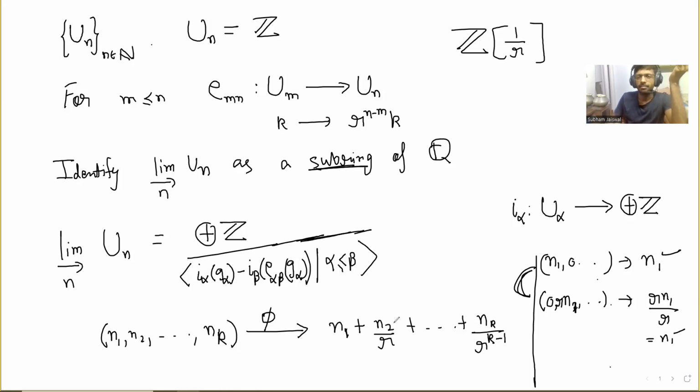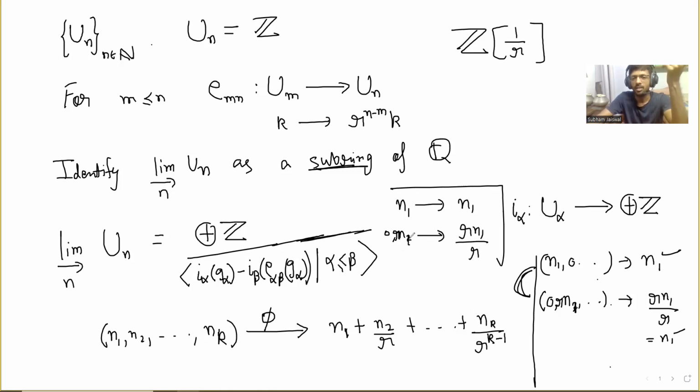Yeah, it makes sense. Now that I know it, it sounds okay. But if we just send n1 to n1, and then we want to send, let's say, 0 n2, yeah, 0 r n1 to also n1. So that basically means that I should send this to this.